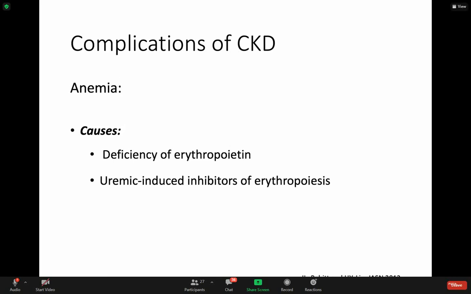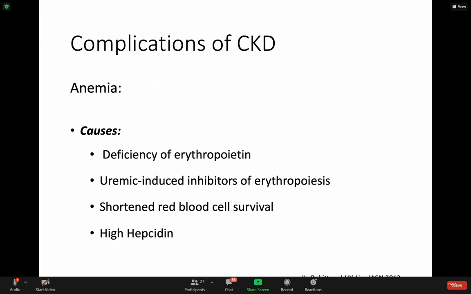So it is not only deficiency of erythropoietin, but also the erythropoiesis process is inhibited by the presence of some toxins as well. Also the RBC lifespan, which we know is 120 days, is short in advanced kidney disease, likely due to the uremia.